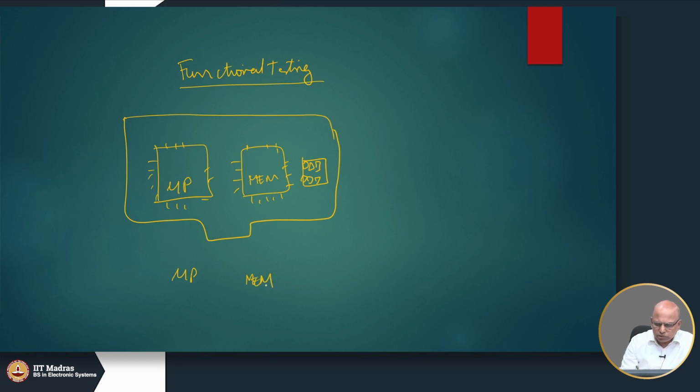So, to test the microprocessor, maybe you have a microprocessor kit. You may want to insert your microprocessor one by one and then individually test the microprocessor. And the same thing may be required for the memory and all the other components that are there on the PCB, right.